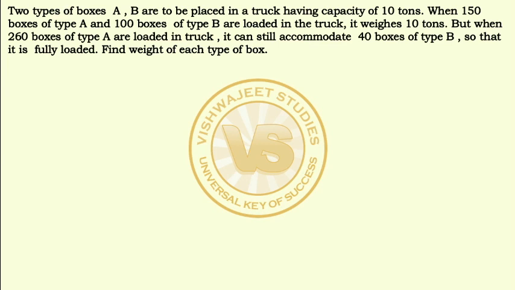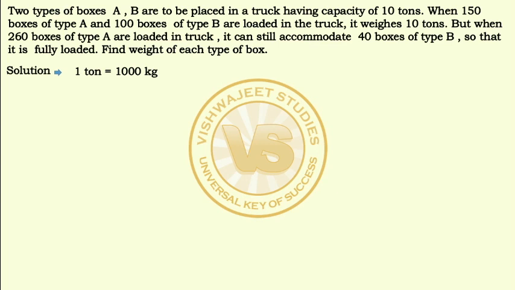By using this formula, we get here 150 boxes of type A. So its total weight of 150 boxes we can find after multiplication with its weight, and here we get our equations. We know that the word tons is given, and 1 ton is always nothing but 1000 kilogram. So let us solve this example.